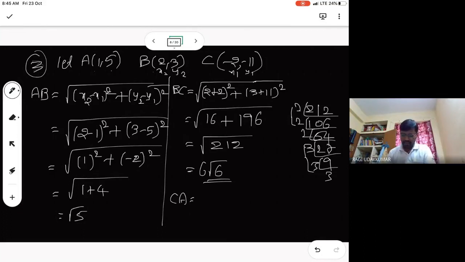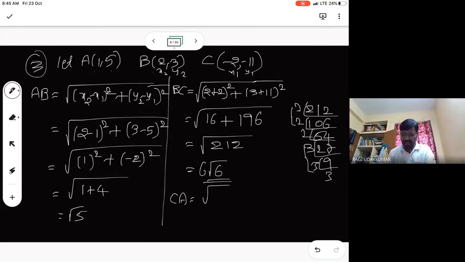And if you add any two of the three and you get the third one, then you can say that they are collinear. Okay, can we do that? What will CA be?